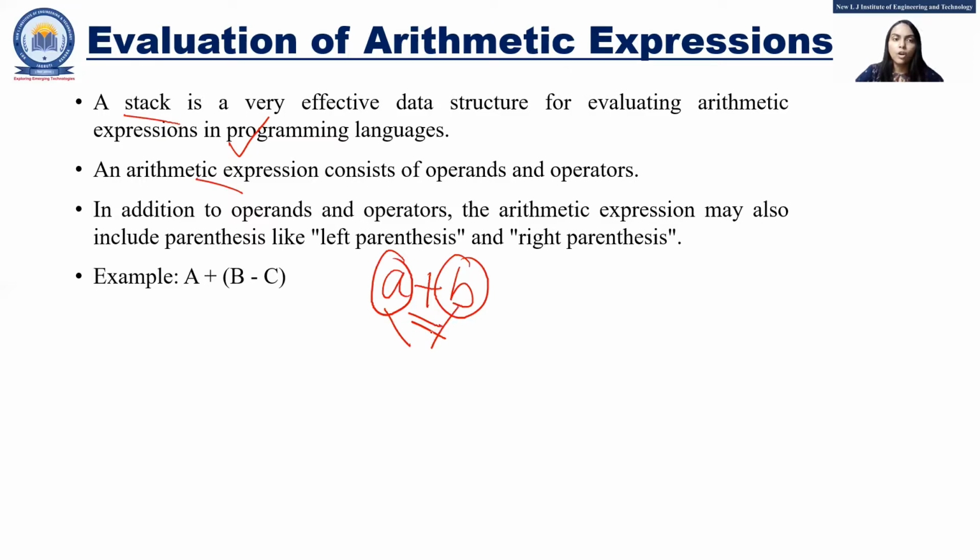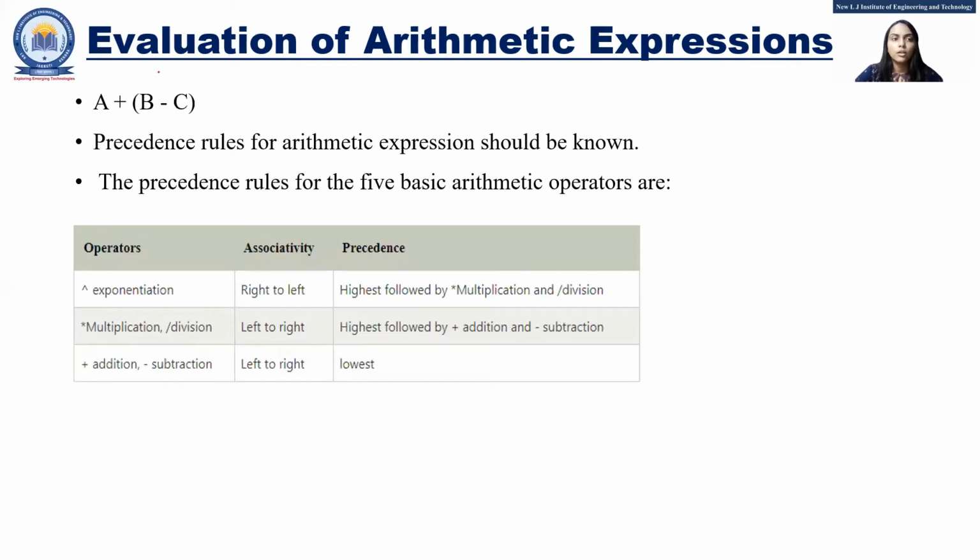Along with operators and operands, we also have brackets, such as left parenthesis and right parenthesis, which are opening and closing brackets. An example of an arithmetic expression is A plus B minus C.